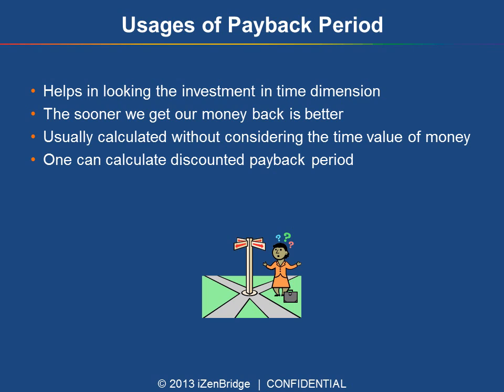So for the absolute payback period, we usually do not consider the time value of money, but we can also calculate a discounted payback period, where we discount the future cash flow, be it inflow or outflow, on the basis of time value of money. But from an exam point of view, you just assume that a pure payback period is calculated without considering time value of money. That means you just directly sum the cash inflow and outflow without discounting it by any rate.